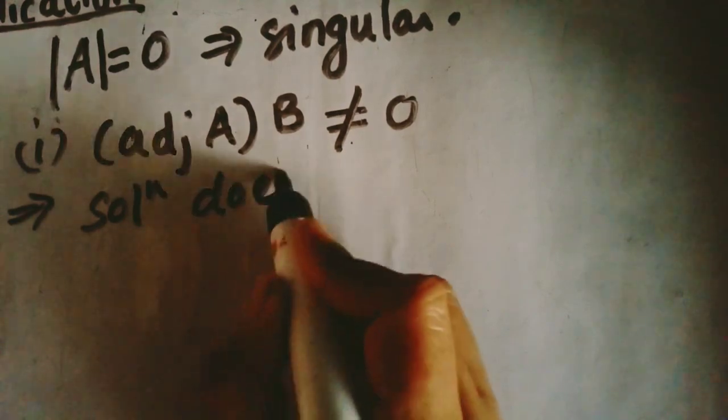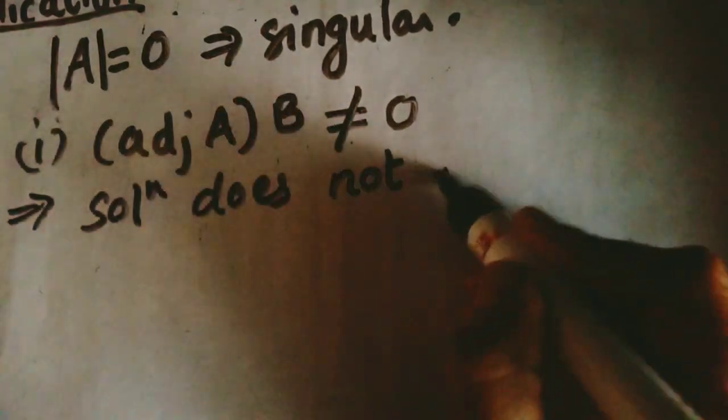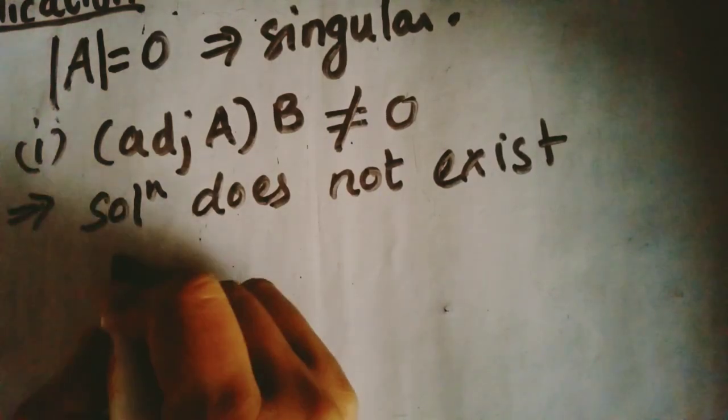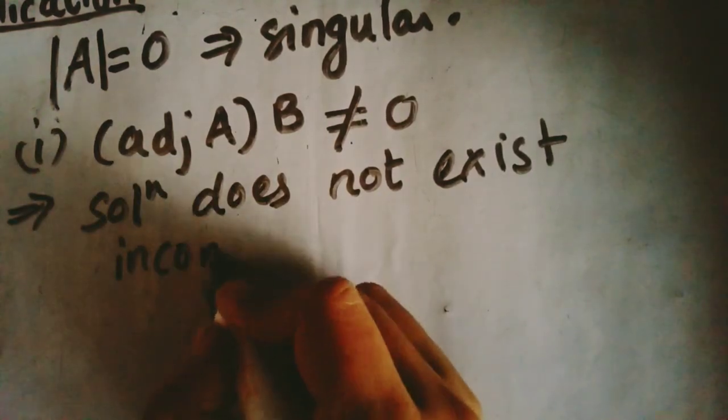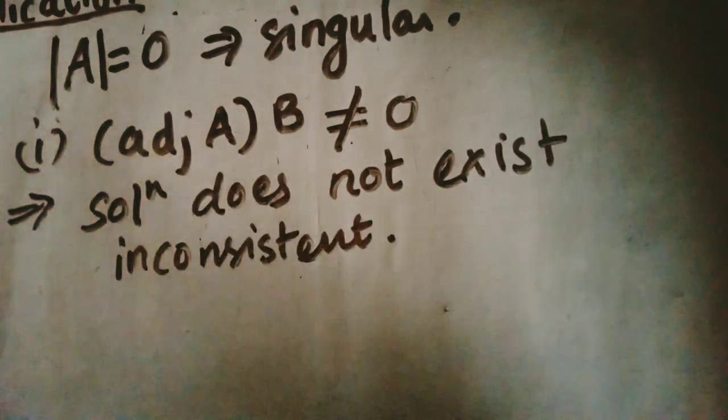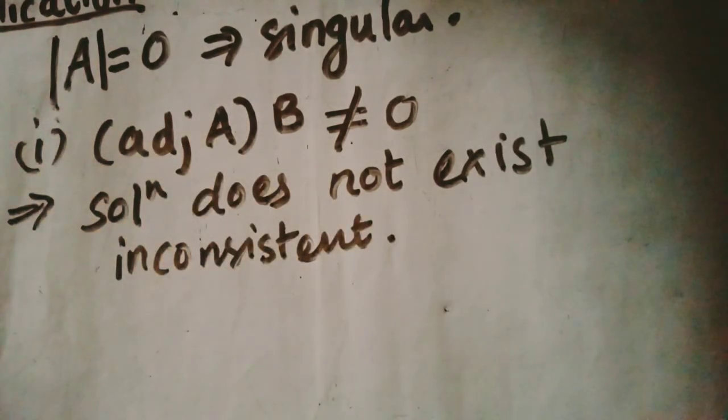Inconsistent means the solution does not exist. A system of linear equations which has no solution is called inconsistent.